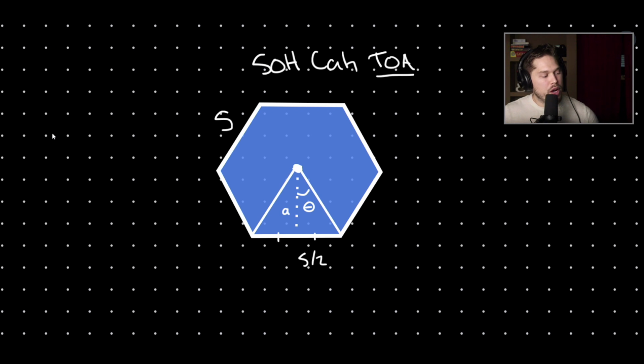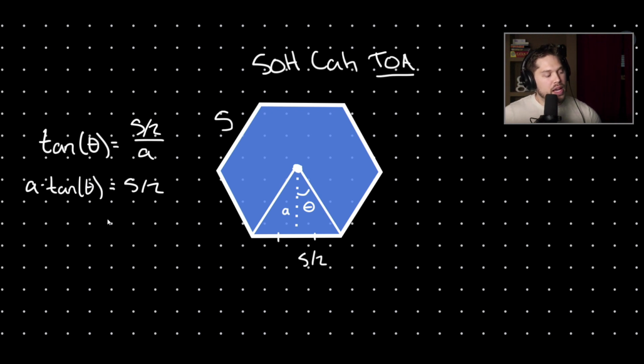So our trig tells us that the tangent of theta is equal to our side length over 2 over our apothem. Now we're looking to solve for our apothem, so let's multiply both sides by a to get a times the tangent of theta is equal to S over 2, and then let's divide both sides by tangent to have that our apothem is equal to S over 2 over tangent of theta.